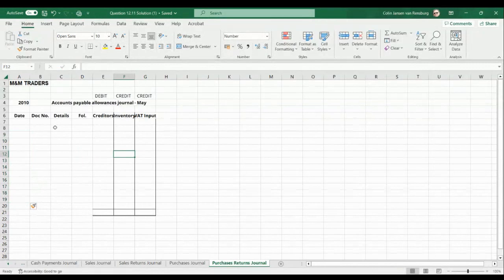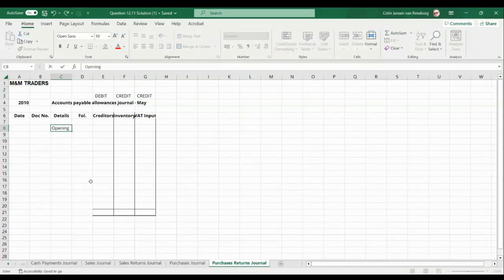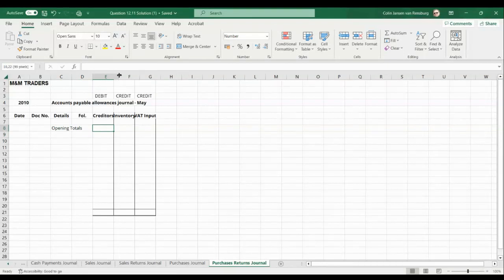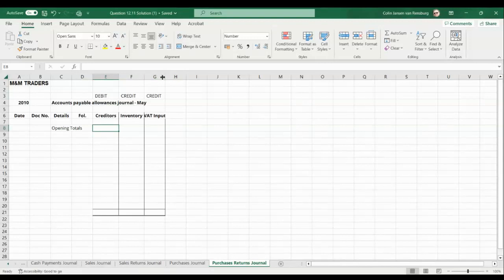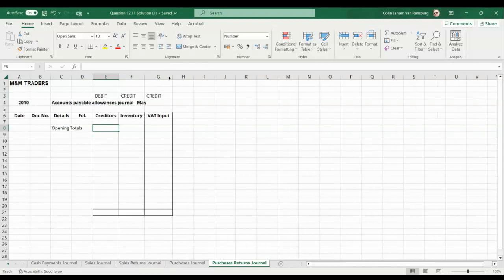Right, our opening totals. Let's see what we've got there. I'll have to make that a little bit broader as well. For creditors or accounts payable was 575.